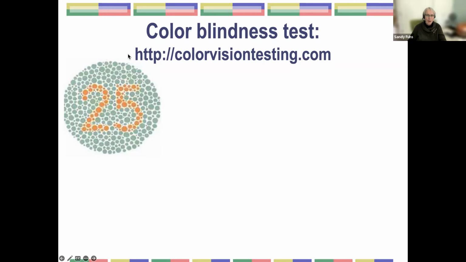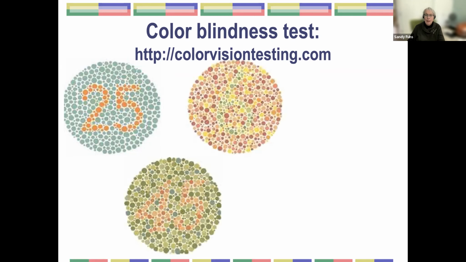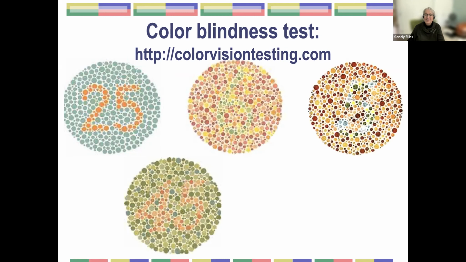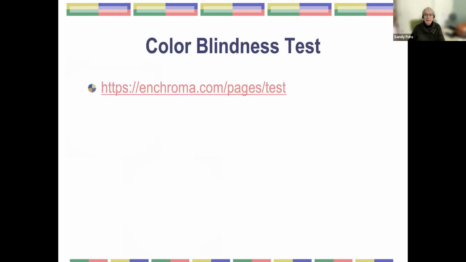So we're not going to spend a lot of time on here, but what color blindness tests usually do is show you a certain color background and then numbers or letters or shapes inside. And if you can see the numbers that are in these circles, then you're probably not. This one right here, if you wouldn't mind going to Enchroma, I'm going to escape this.